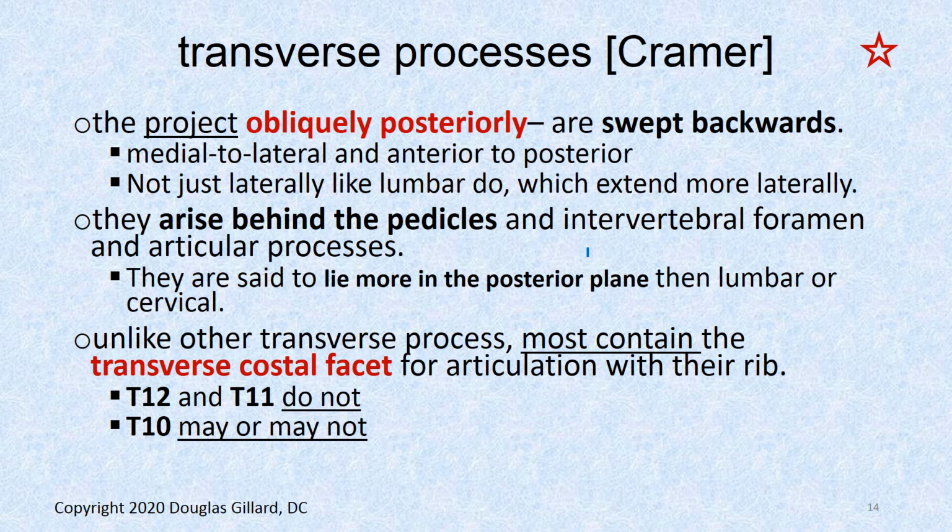That's a good question. Which ones don't typically contain costal transverse facets? T11 and T12 never have a transverse costal facet. T10 may or may not. It all depends how that T11 is designed, how the head of the rib is designed.